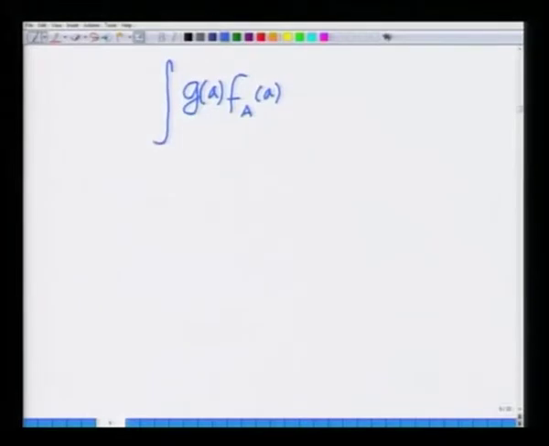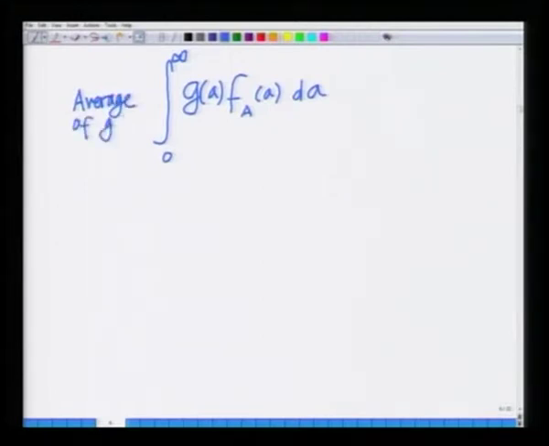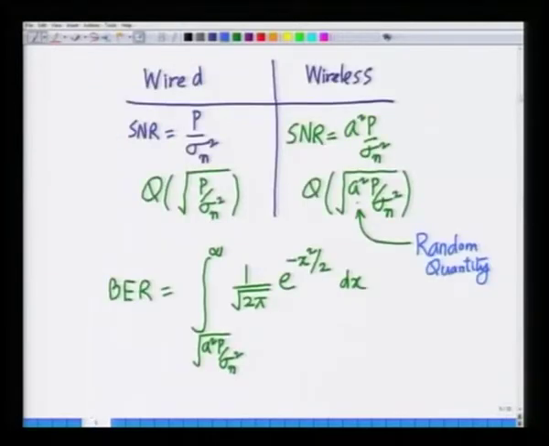Since the limits of a are 0 to infinity, remember the amplitude has a limit from 0 to infinity, this is g of a multiplied by the probability density function f of a times da, integrated between the limits 0 to infinity. This is the average of g of a. Hence, if you look at this bit error rate, I have to similarly average this over the distribution of the random fading coefficient gain a to get the average bit error rate of a wireless communication system.